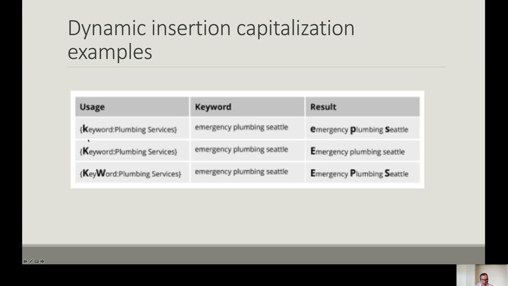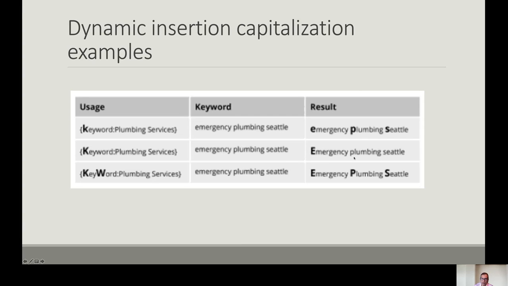On the other hand, if you capitalize this K in the word keyword here, then the first letter of the first word in the keyword is now capitalized as a capital E out here. Although the first letter of the other words in the keyword are not capitalized, they are still small.